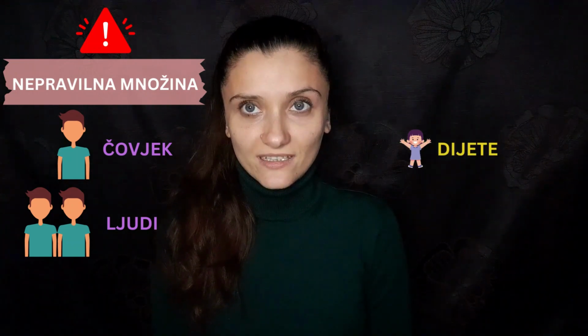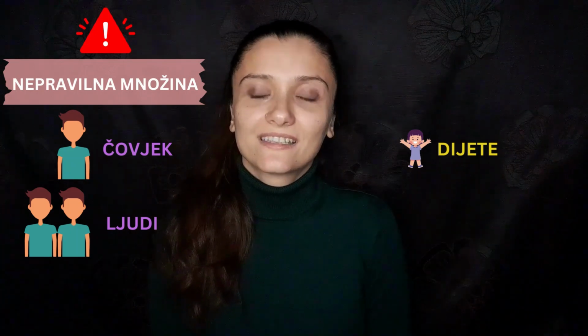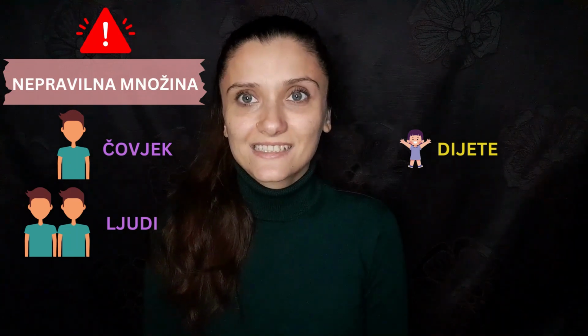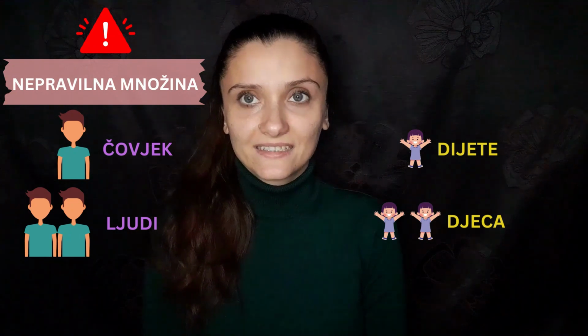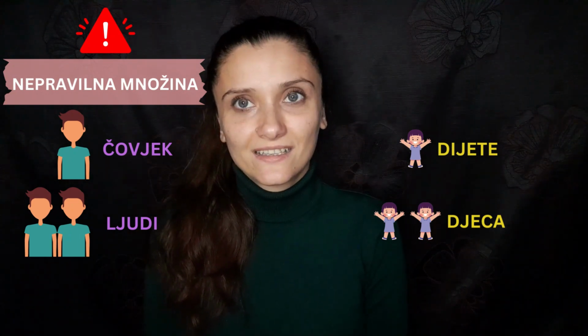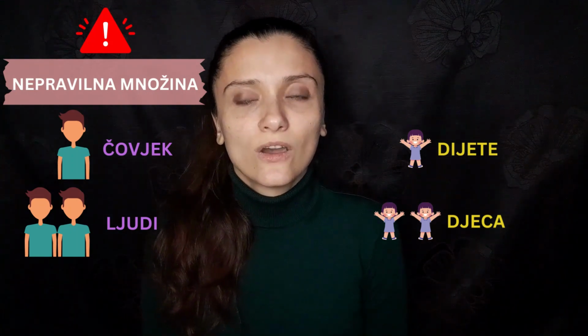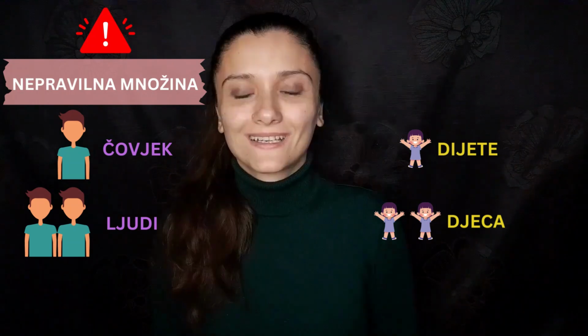Čovjek, ljudi. Ovo je čovjek, ovo su ljudi. The second one is dijete, child. So you see, dijete is srednji rod, but the plural is not dijeta, it's djeca. Dijete, djeca. Child, children. Ovo je dijete, ovo su djeca.